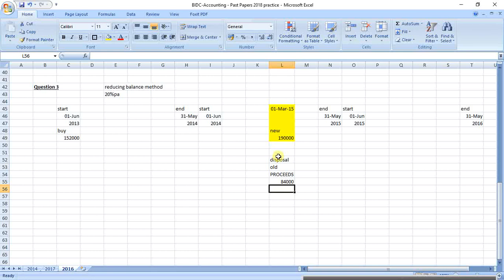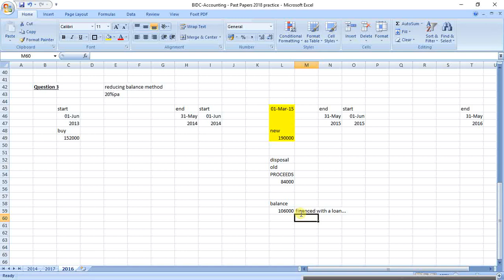So obviously if you're buying a motor vehicle and the motor vehicle cost 190 and the proceeds from the trade-in or the exchange was 84, the balance, which is the 190 minus the 84, is financed with a loan. Okay, have I read everything? Yes, I have. Okay, so now I don't even have to look at the question because I've got the diagram.